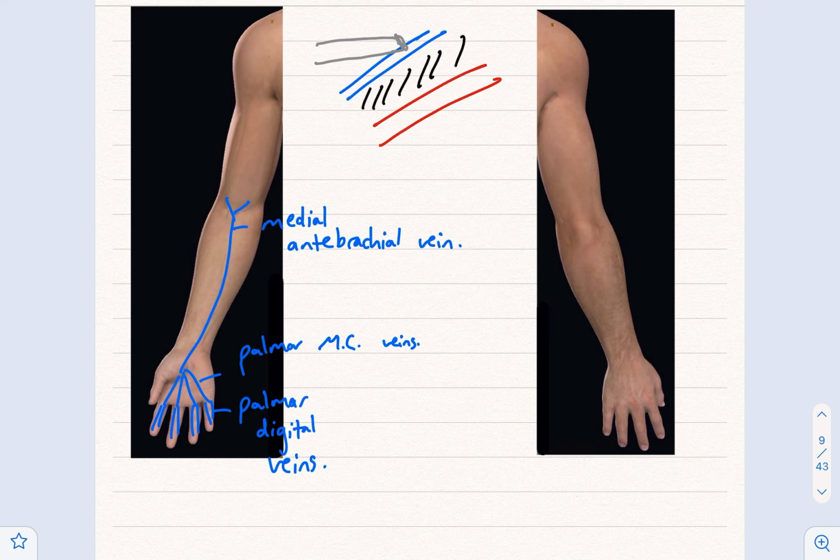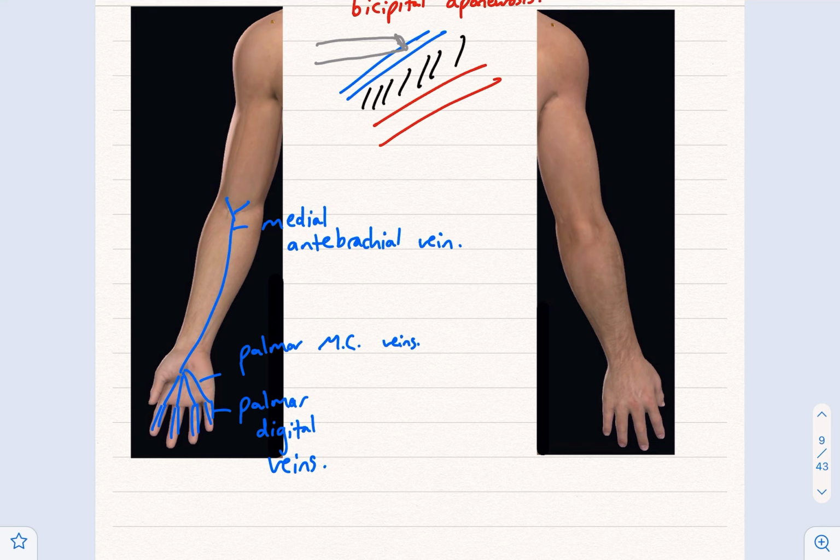Let's say now you've pierced straight through the vein into there. Is there a risk that you're going to hit the artery and then loads of blood loss is going to occur if you take blood from the cubital fossa? It's unlikely because of this structure here. This is called the bicipital aponeurosis.